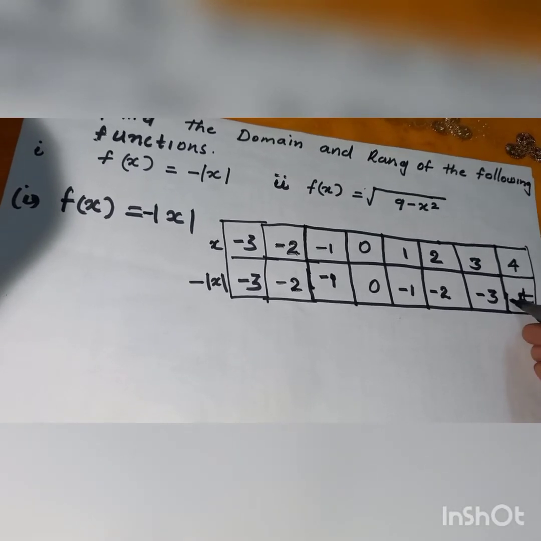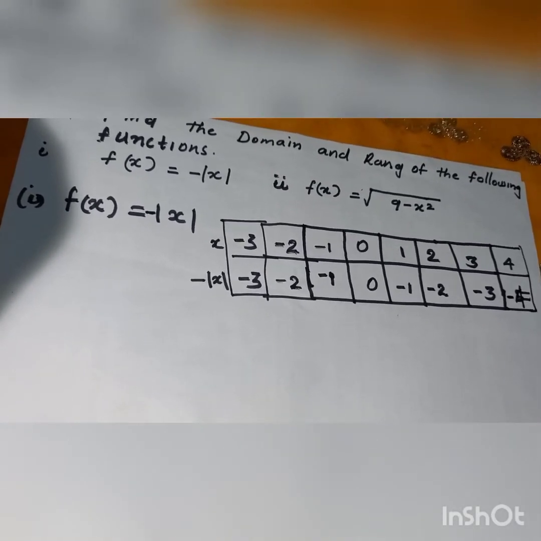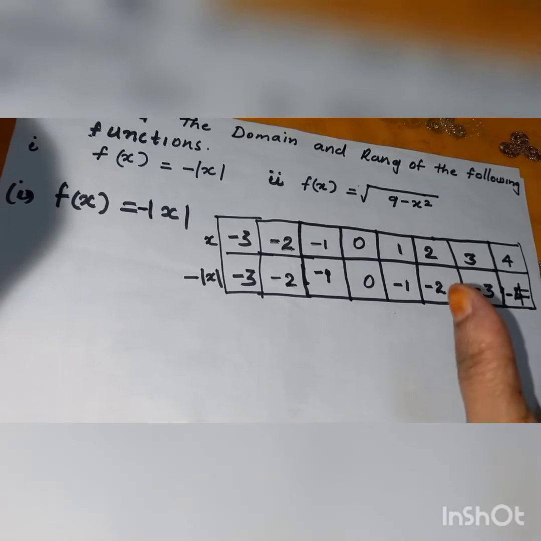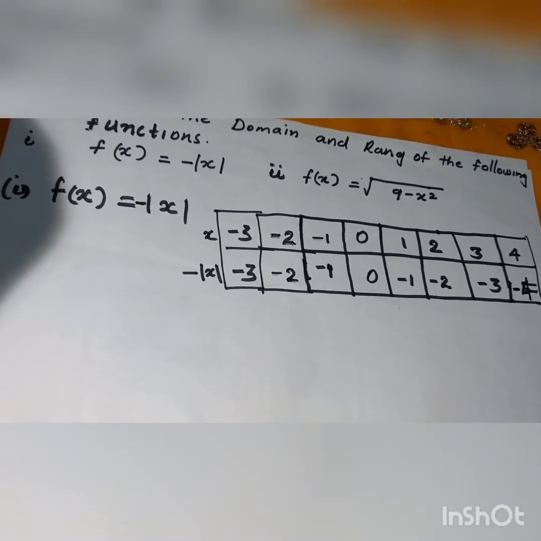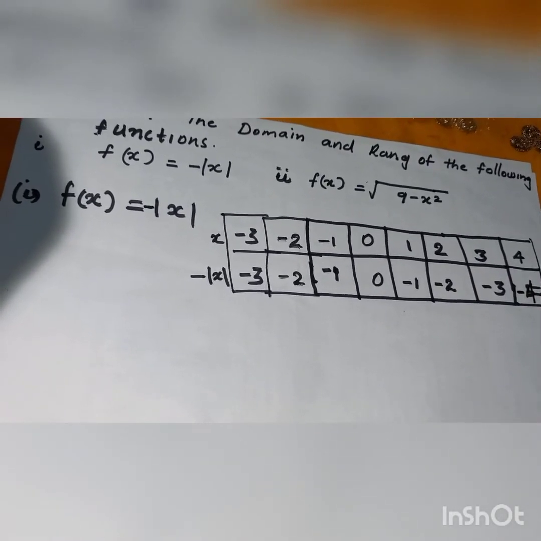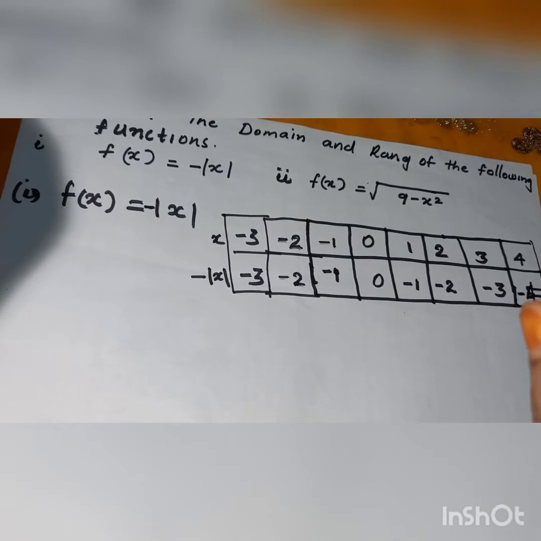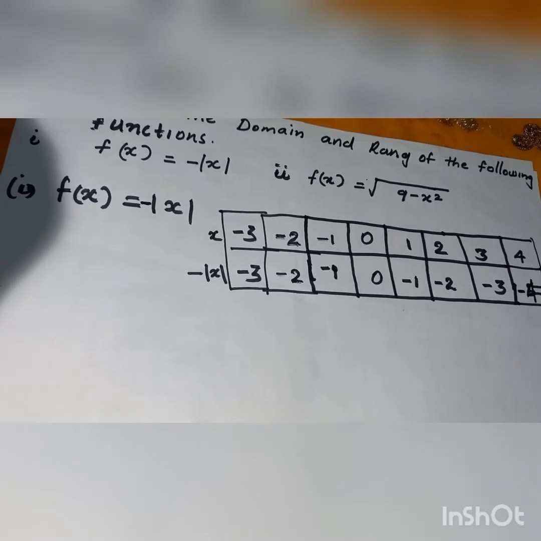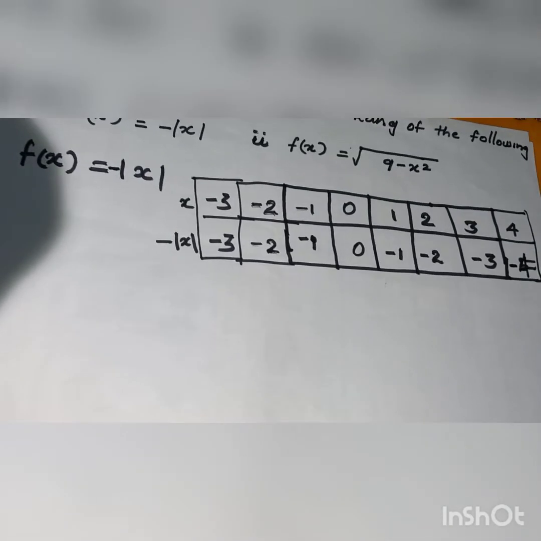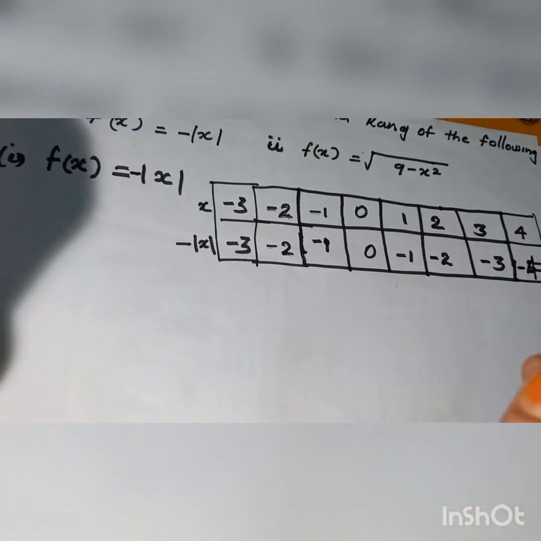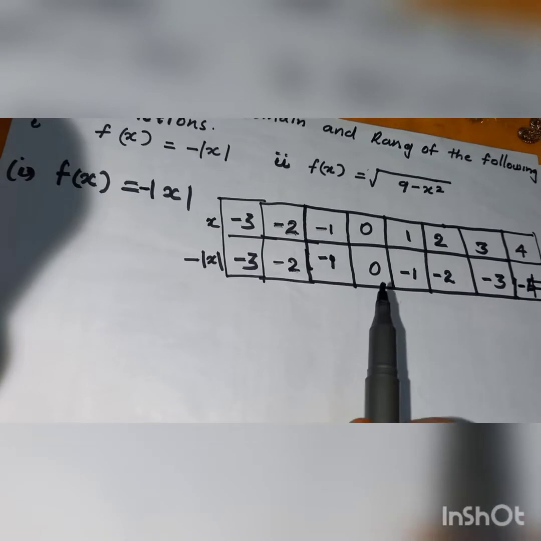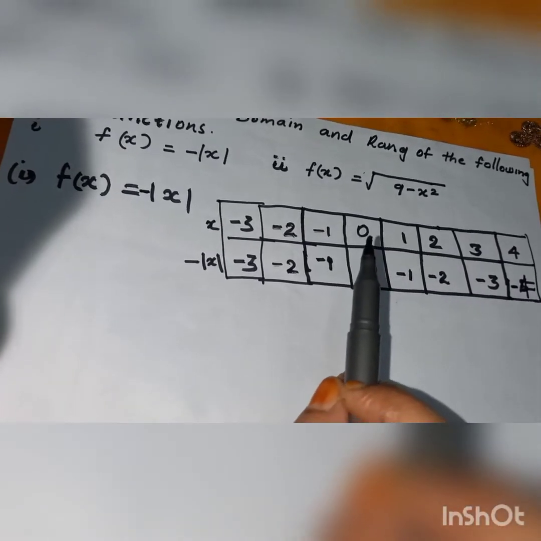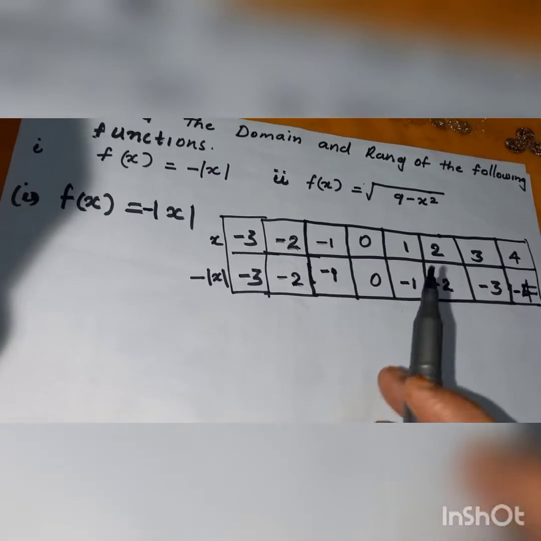So whatever the values, whether negative or positive, you get negative values only. We can take any values of x, and we get negative values only, except 0. In this case, if we put 0, we get 0 only.